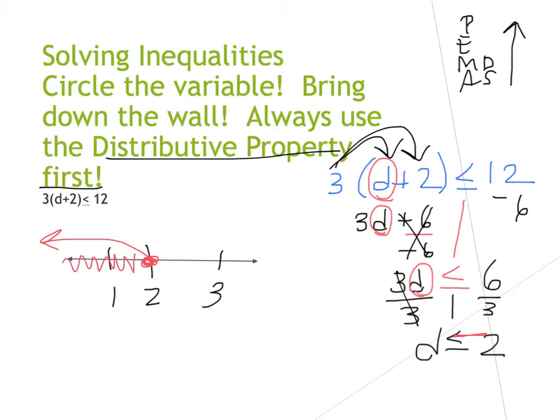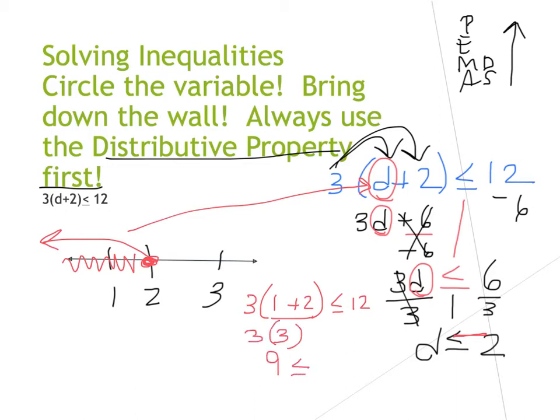I'm going to pick 1 and plug it back in. So 1 is going to be plugged in right here where the d is, so that leaves me 3 times 1 plus 2 should be less than or equal to 12. I can combine inside the parentheses, which gives me 3. 3 times 3 is 9. Is 9 less than or equal to 12? Yes, so that makes your solution true.